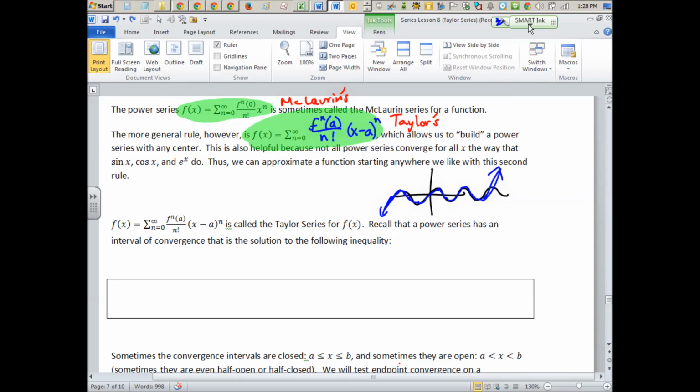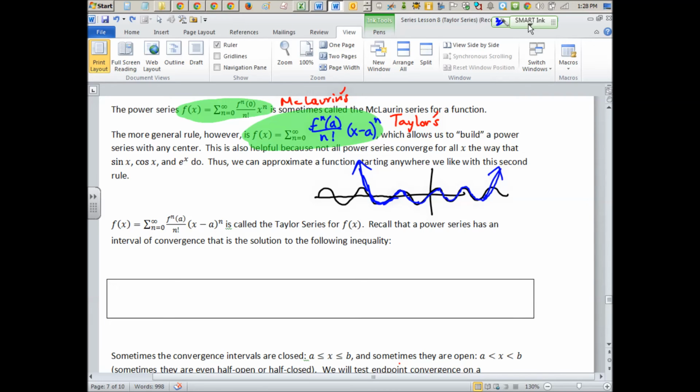It's a polynomial, it's not actually the sine wave, but the first 12 terms of the Maclaurin series does a good job of approximating sine x, right? And the more terms you add in, the more the blue covers the black.